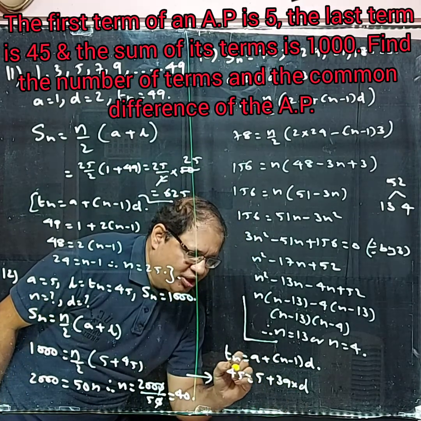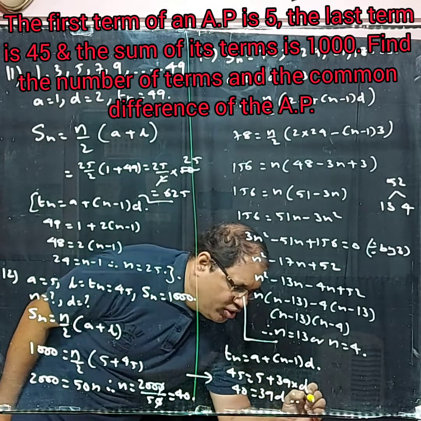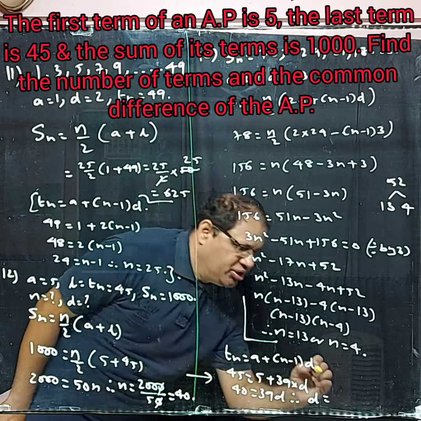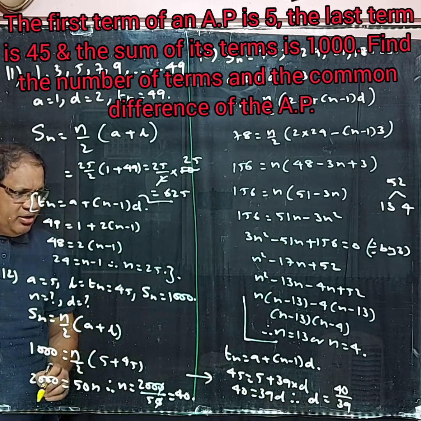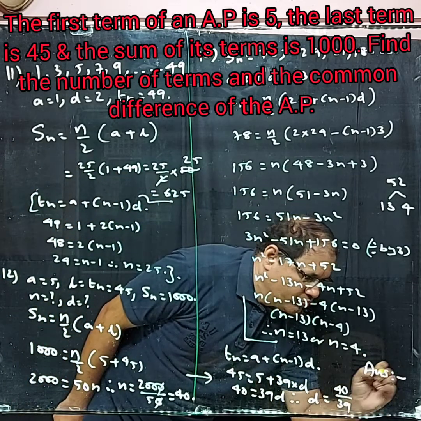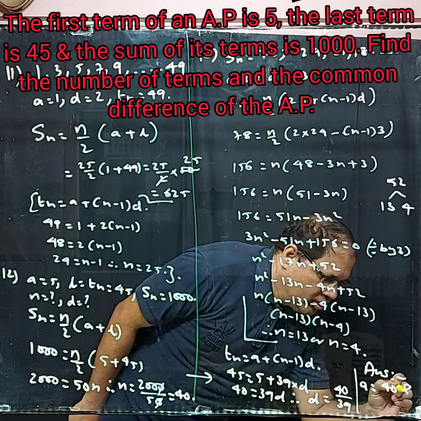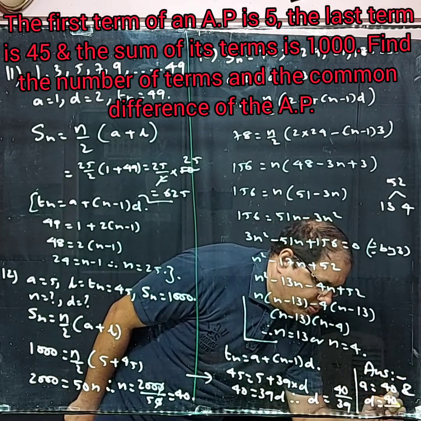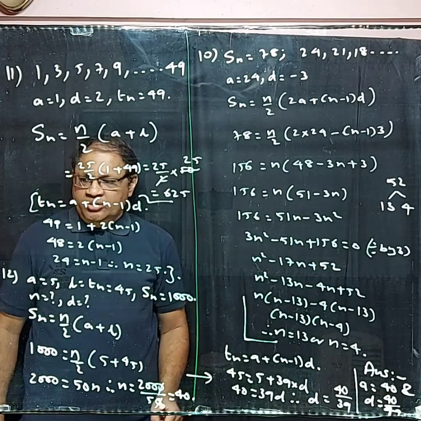So send 5 that side. 45 minus 5 is 40, is equal to 39d. Therefore d will be 40 upon 39. So we found out n as well as d. You can write the answer like this: n is equal to 40 and d is equal to 40 upon 39. Alright, so that's how we do the 12th.